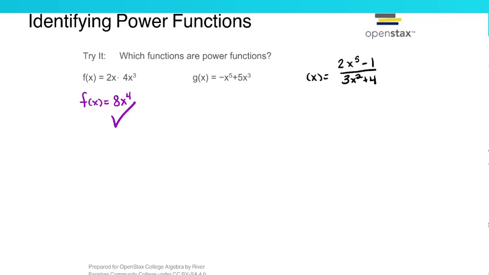However, this next one, you can't add negative x to the fifth plus 5x to the third. They're not like terms, so we can't get that into the correct form. Also, with this one here, f of x equals 2x to the fifth minus 1 over 3x squared plus 4, that one we can't simplify either. So neither one of those are power functions.